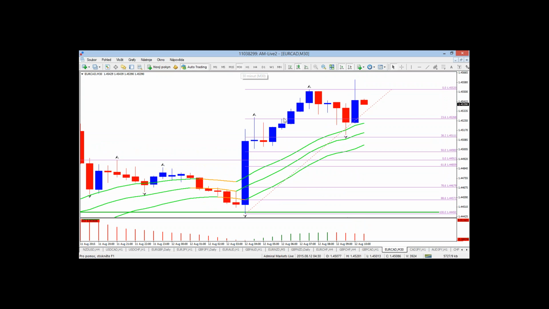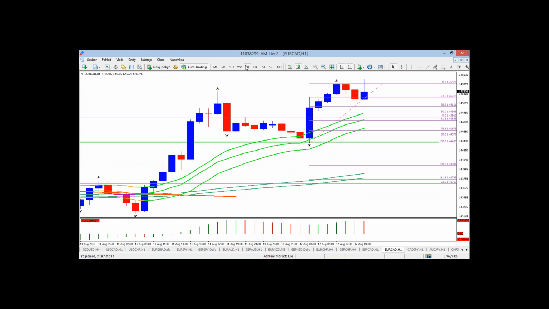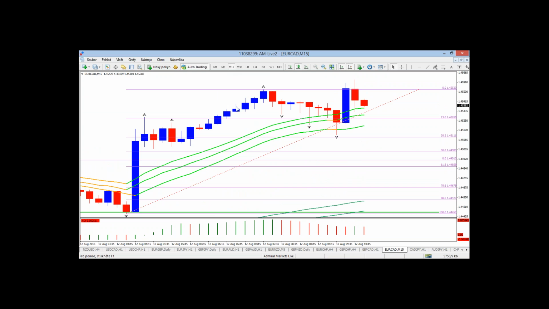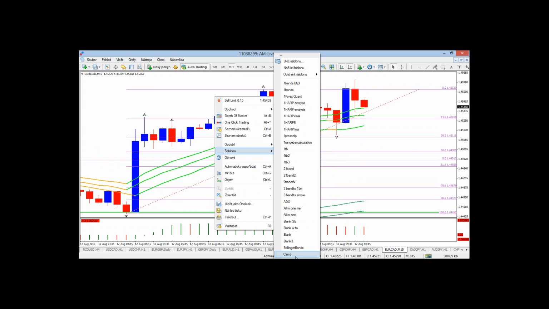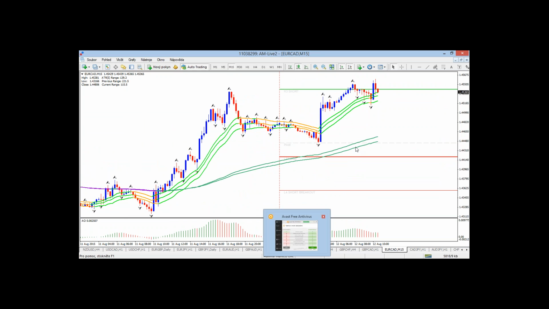What if it doesn't hook back to the 50 fib at 145? We need to take a look at the Camarilla to get an answer on that. We're at H3.